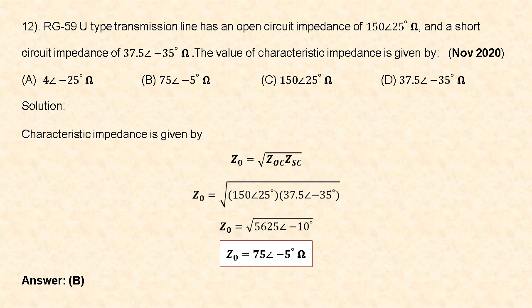Square root of 5625 is equal to 75, and square root of angle is nothing but half of the angle. So square root of angle minus 10 degree is equal to angle minus 5 degree. So the characteristic impedance is given by Z0 is equal to 75 angle minus 5 degree ohm. So option B is correct.